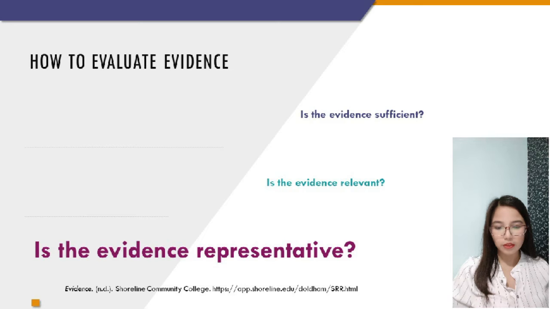The third thing that you need to ask about your evidence is, is the evidence representative? Representative evidence means it's typical for the population. It is not distorted and not just a select piece.